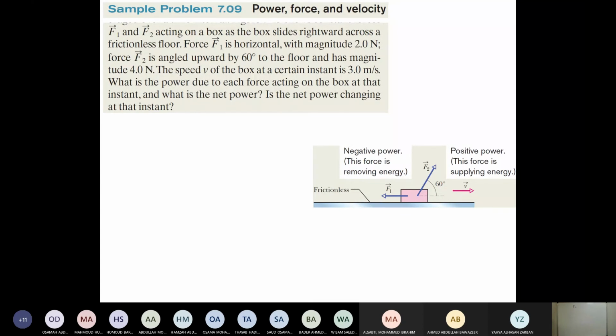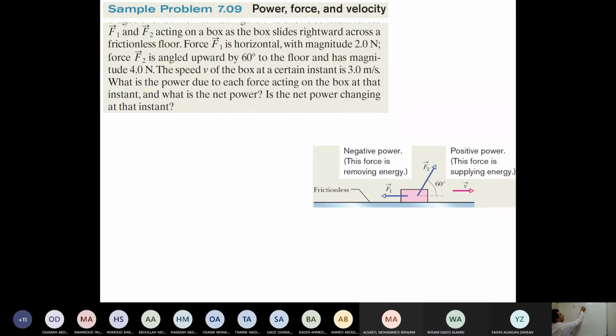The power of force 1, what is the formula for that? Work over time. Work over time, but here we derived another formula later on. That was F dot V, right?